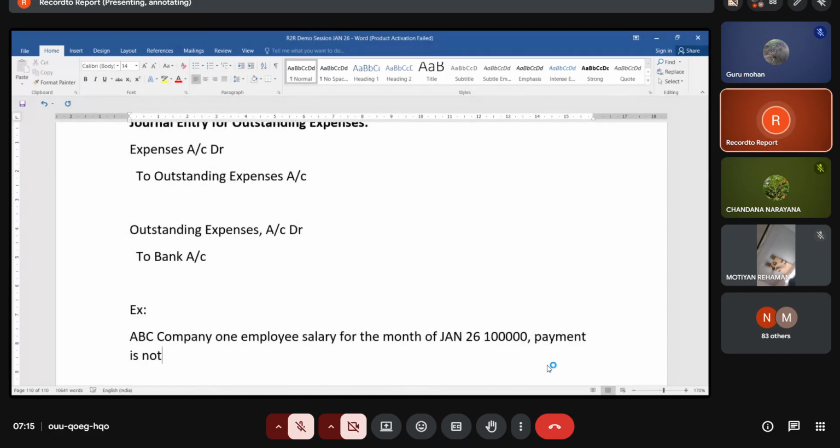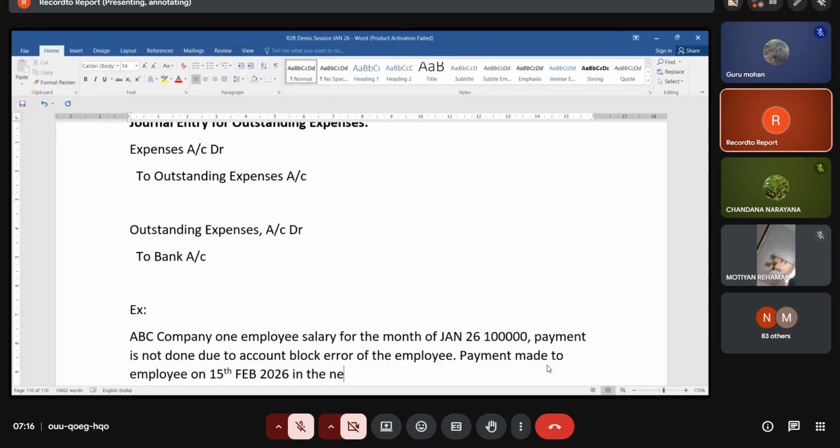Payment is not done due to an account block error of the employee. Payment is made to the employee on 15th February 2026 in the next cycle.